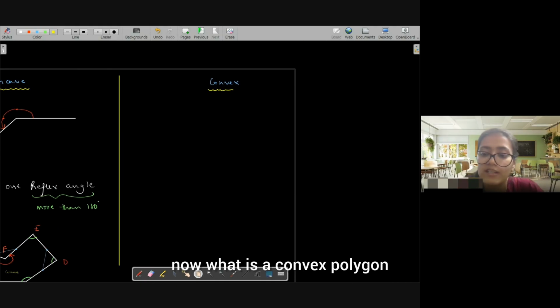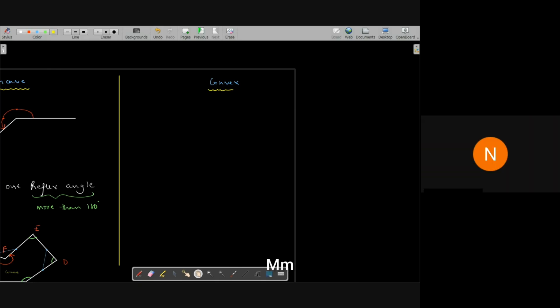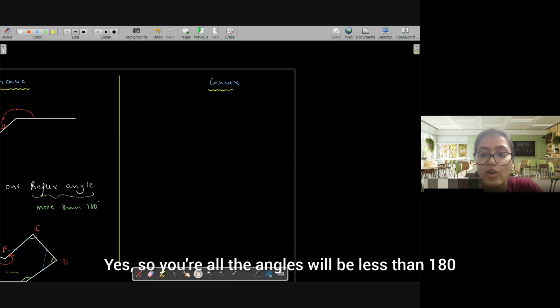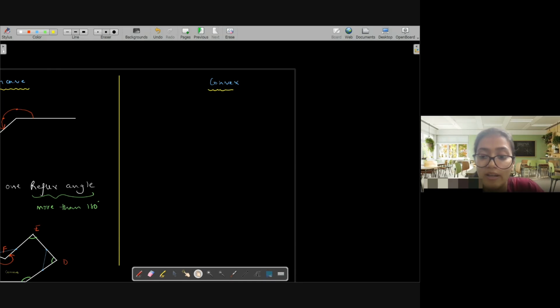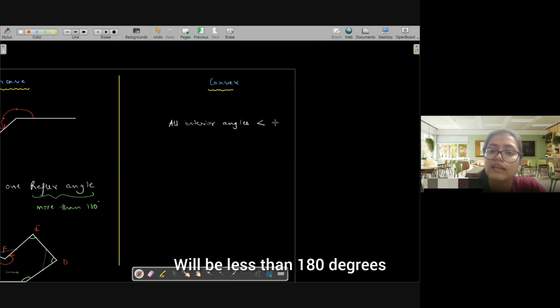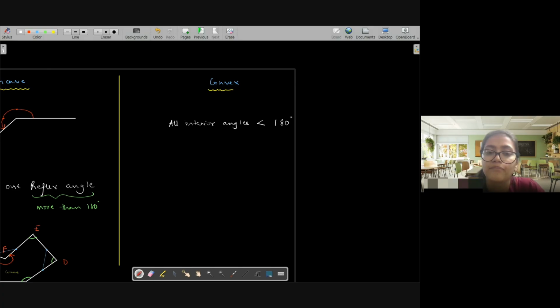Now, what is a convex polygon? A polygon with angles less than 180? Yes. So all interior angles will be less than 180 degrees.